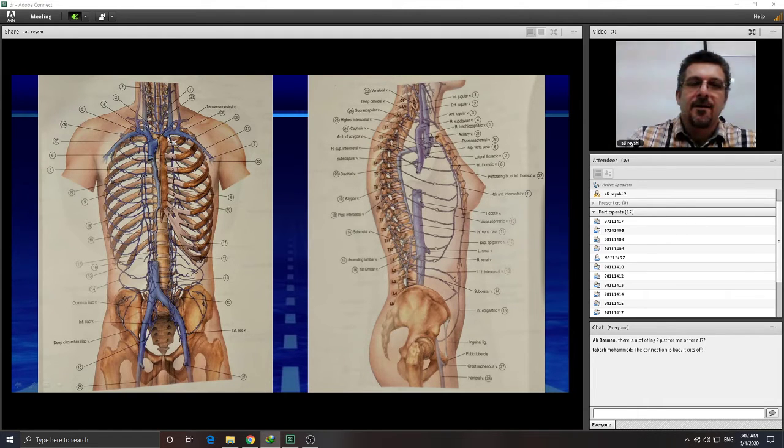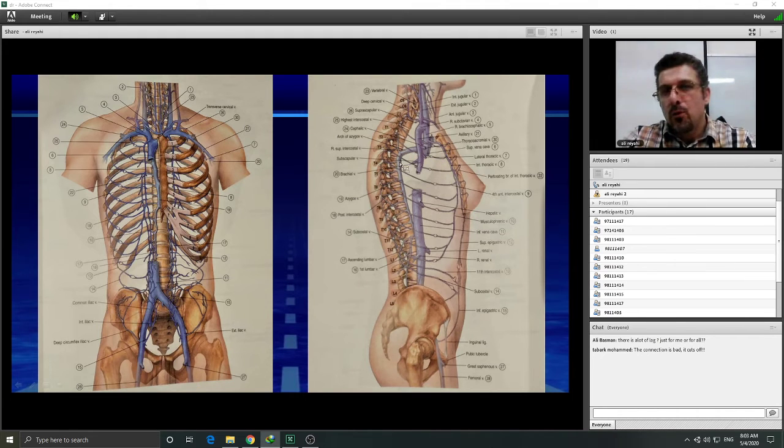You can see right one, left one. The two brachiocephalic veins join together to form the superior vena cava, and finally the superior vena cava reaches the right atrium.